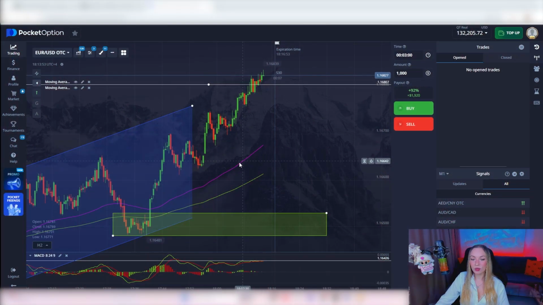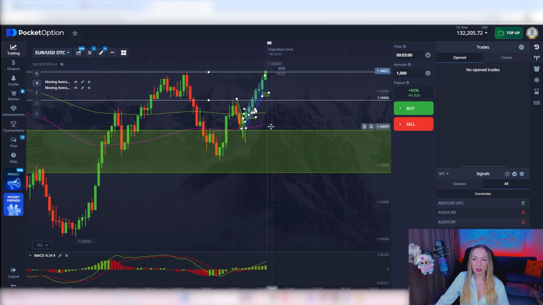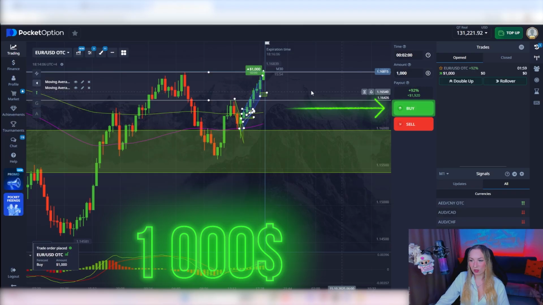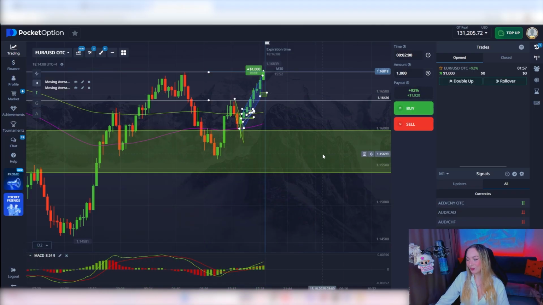To tell the truth, Euro dollar looks super stable, and I want to open a small trade for just 2 minutes up with $1,000. Let's go.